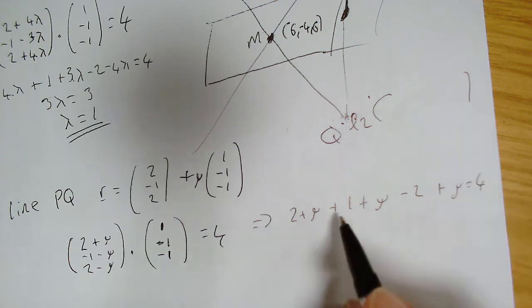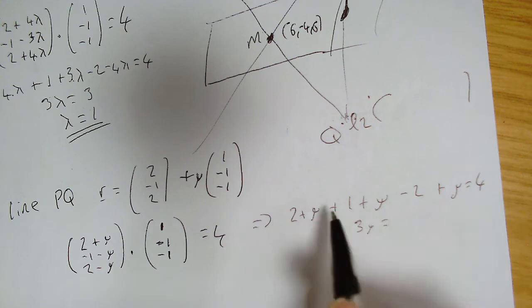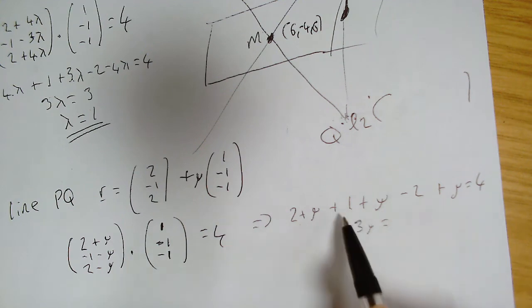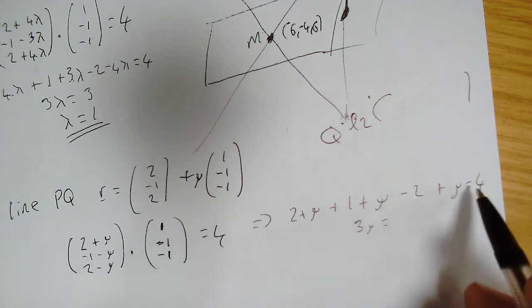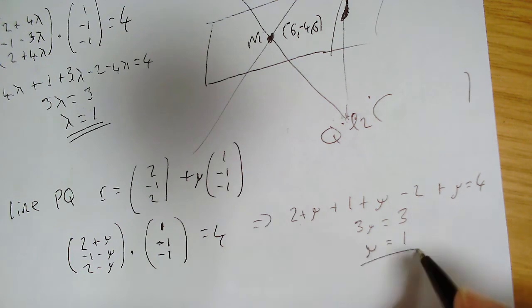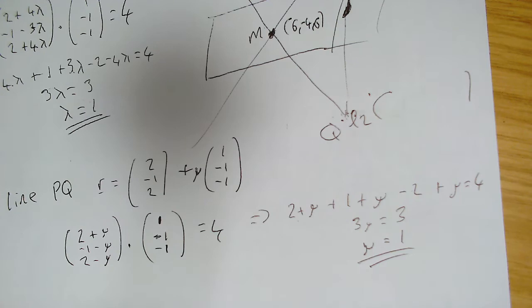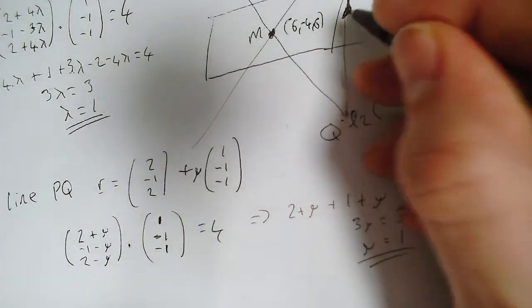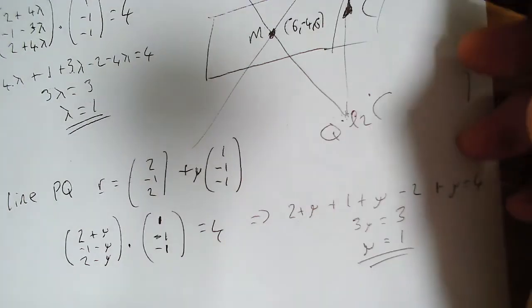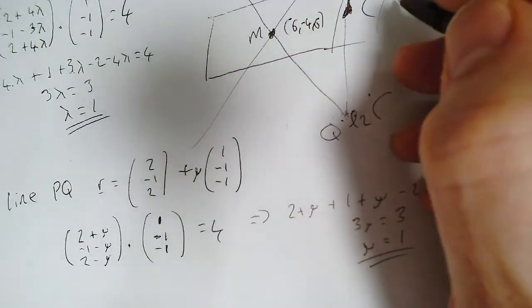I put my mu's together, I get 3 mu equals 3, 1 take away that is 3. So mu equals 1. So I can say what that point is. I know that point is going to be here when mu's 1.